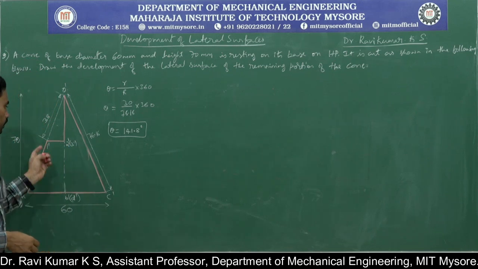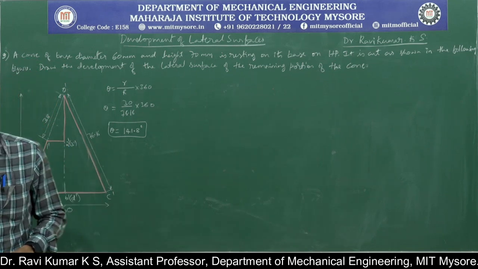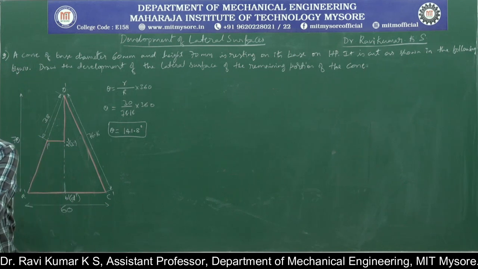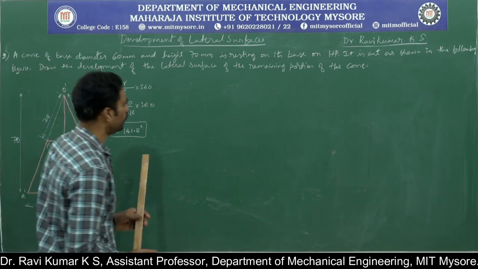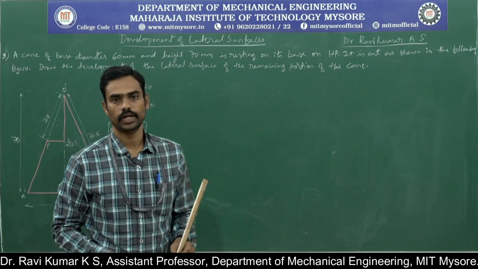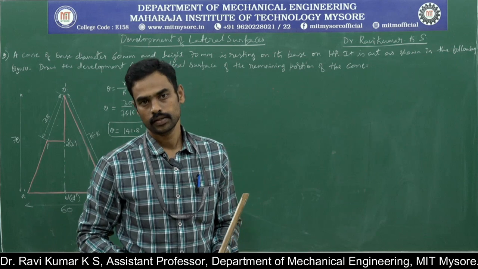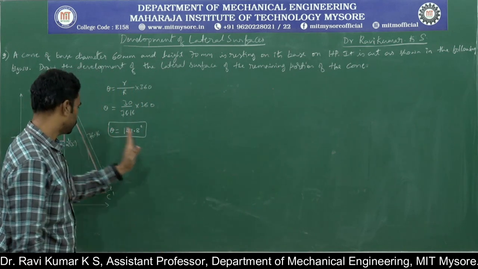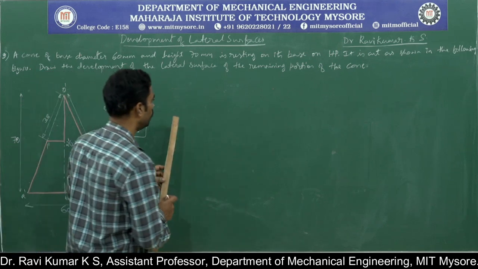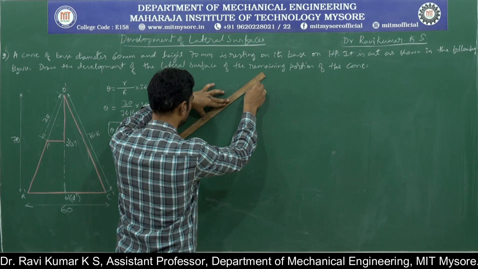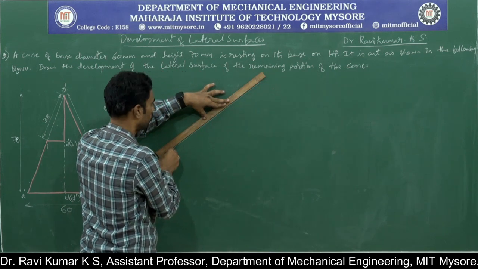If you try to draw to scale with this angle, you will get something like this. Now for the development, select any random point. Since it is the radial line method, you can draw anywhere on the sheet. It is not essential to draw it just beside the front view. So I will select this particular point and draw a line here.